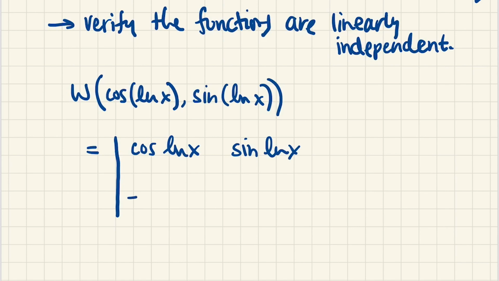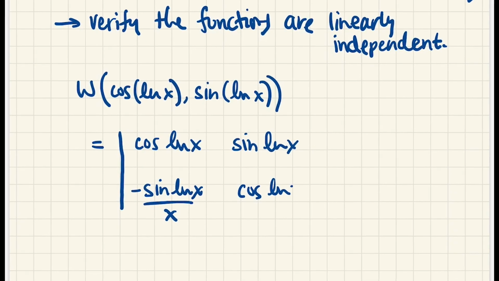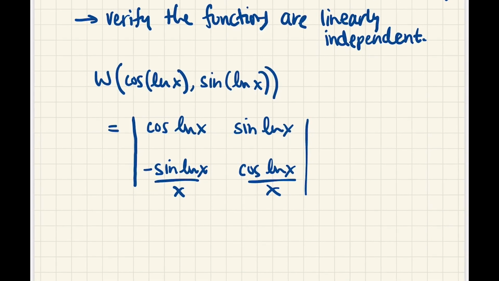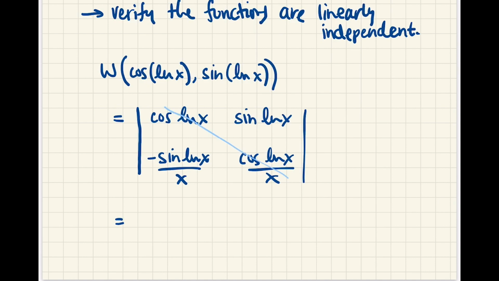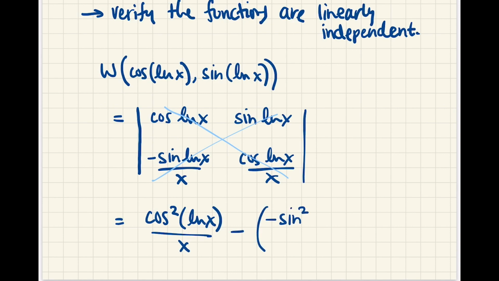So that's negative sine of ln x all over x, and cosine of ln x all over x. So we're going to take this product and then subtract that product. So that first product will be cosine squared of ln x all over x, and we're going to subtract negative sine squared of ln x all over x.